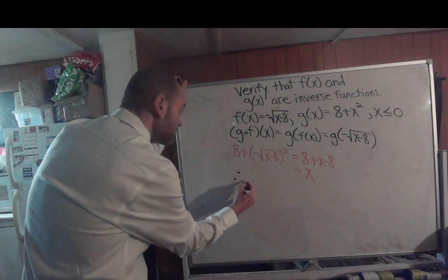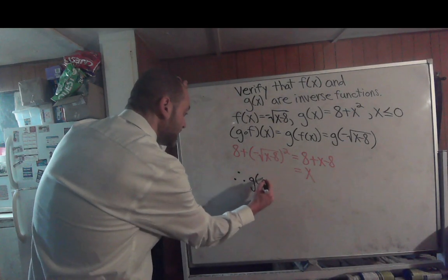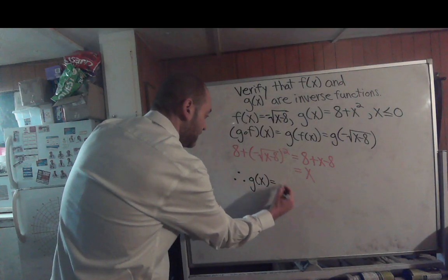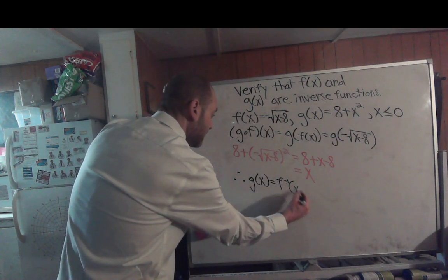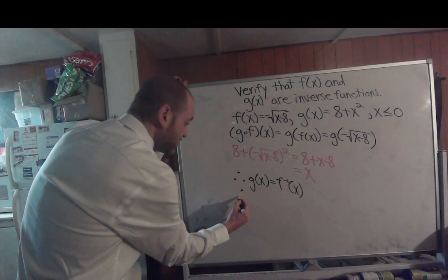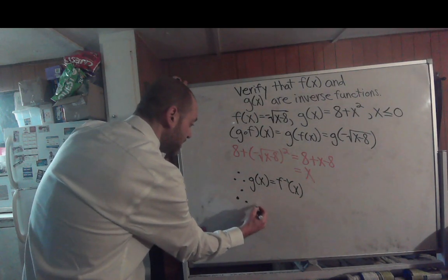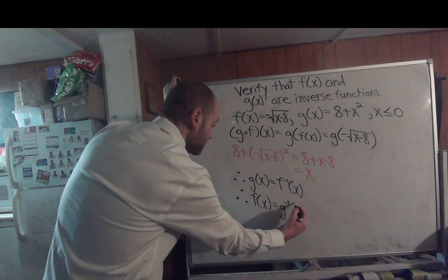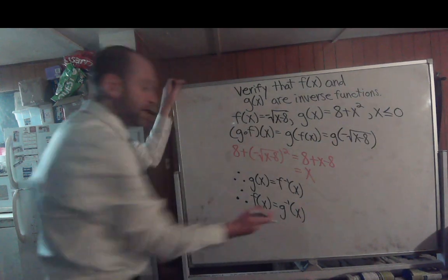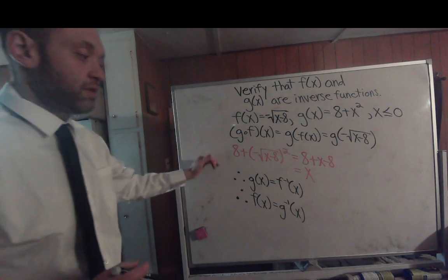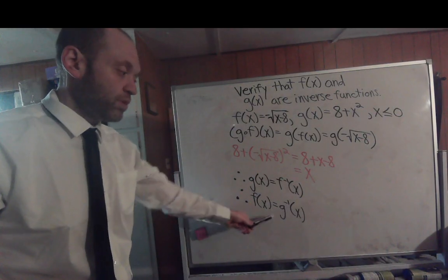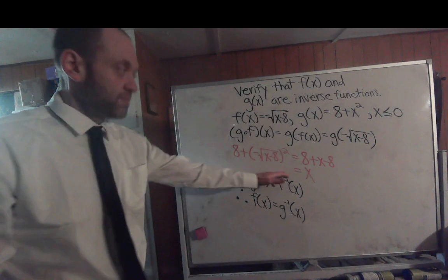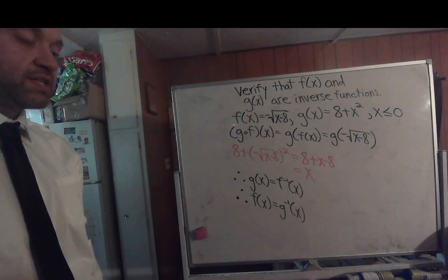Therefore, g of x equals f inverse of x. And you could also argue and say, therefore, f of x equals g inverse of x. Either way, they're both inverses of each other. It really doesn't matter however you want to word it. This just proves that they're both inverses.